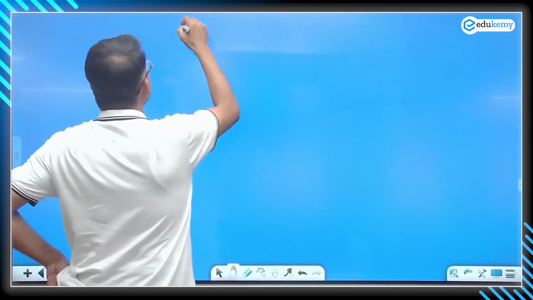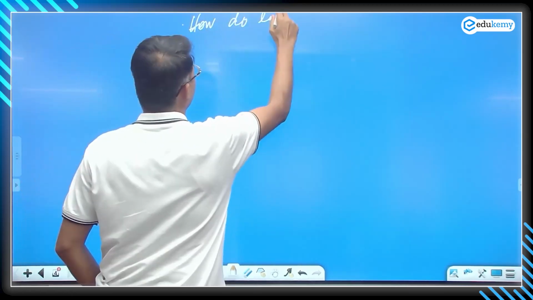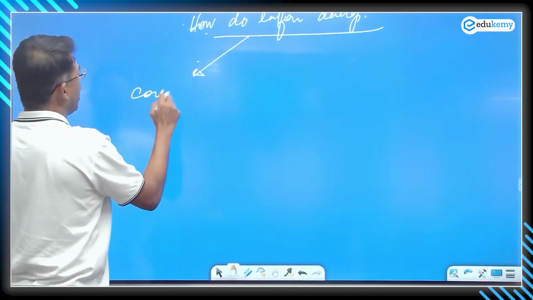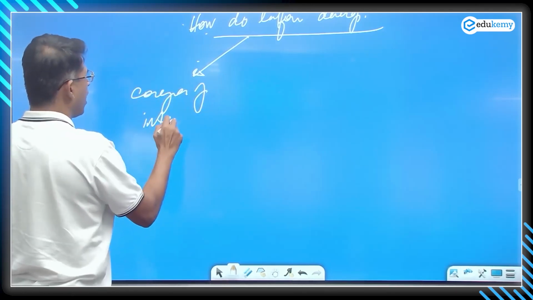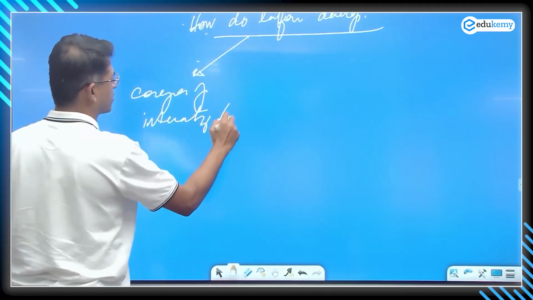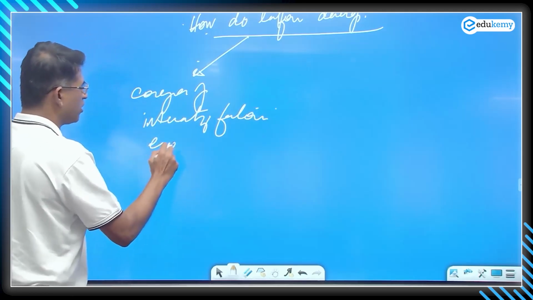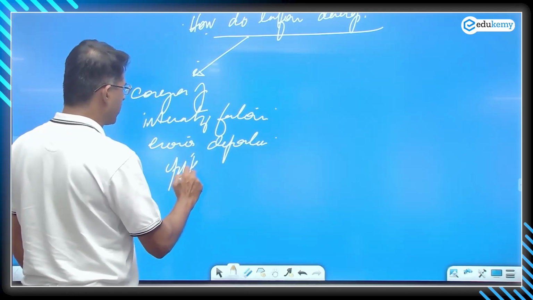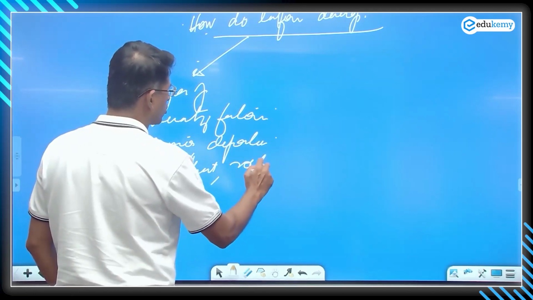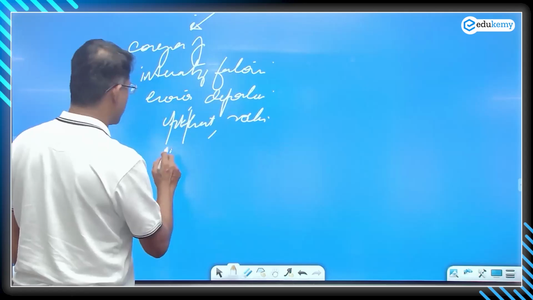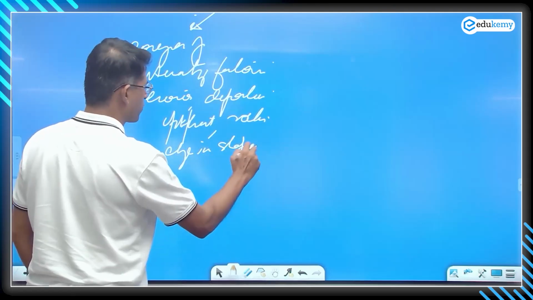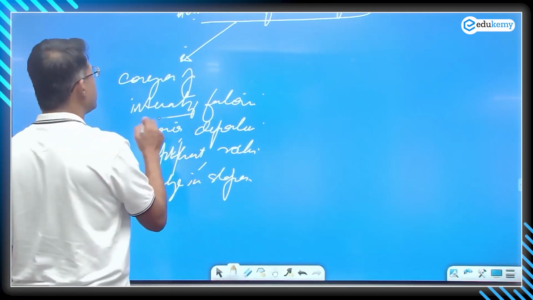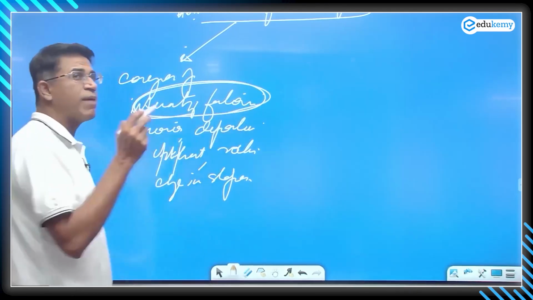Ab dekho, essentially it's all about how do landforms develop. You can explain that they are the consequence of interacting factors. Okay, so there is erosion, there is deposition, there is upliftment, role of the rocks also. It's about the change in the slopes. So when you talk about a landform or a slope, in terms of the interacting factors, all of them act together.